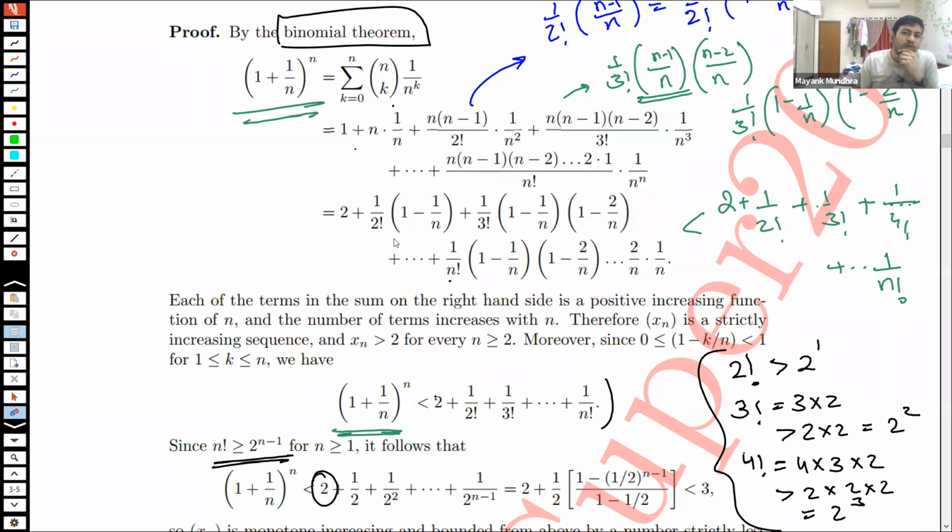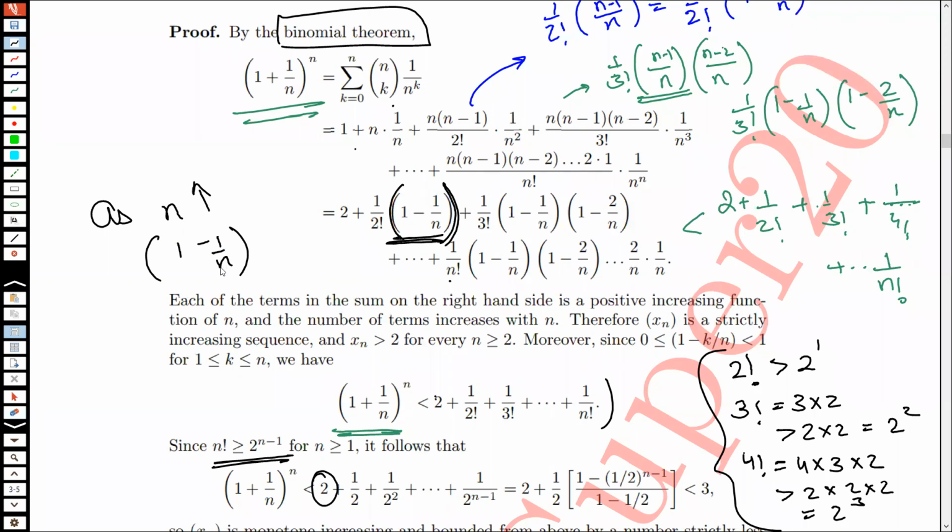At the same time, what happens to this number as n increases? Just focus on 1 minus 1 by n. As n increases, will 1 minus 1 by n increase or decrease?